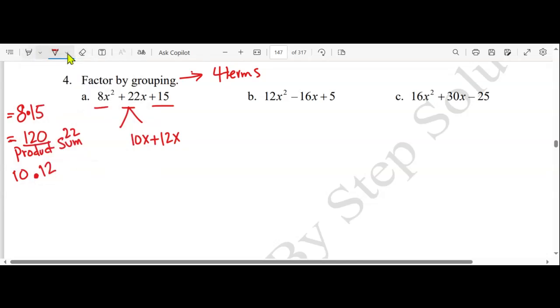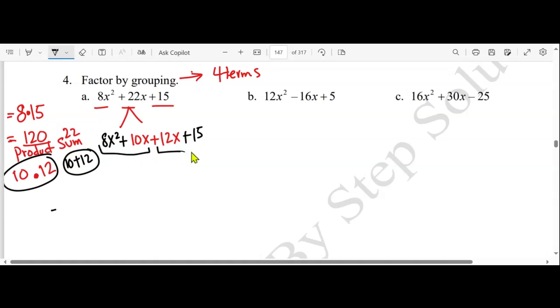Is this clear? Clear or not clear? Okay. And I will type the remaining one. So now, how many terms do I have here? 2.